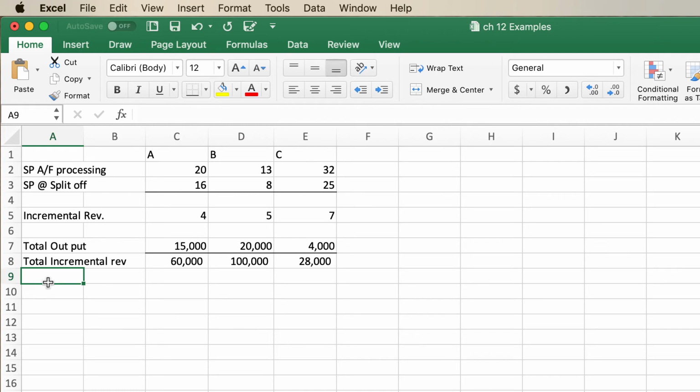Now we need to figure out the total incremental processing cost.